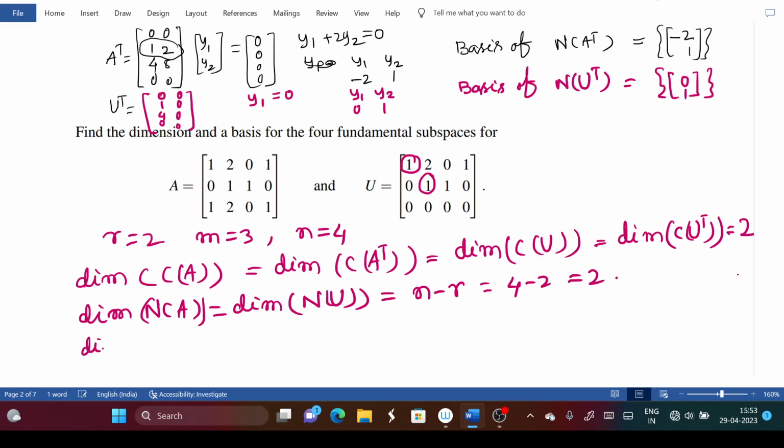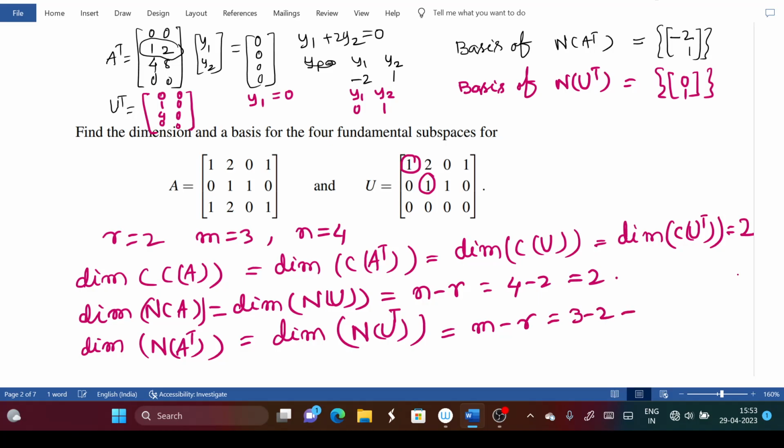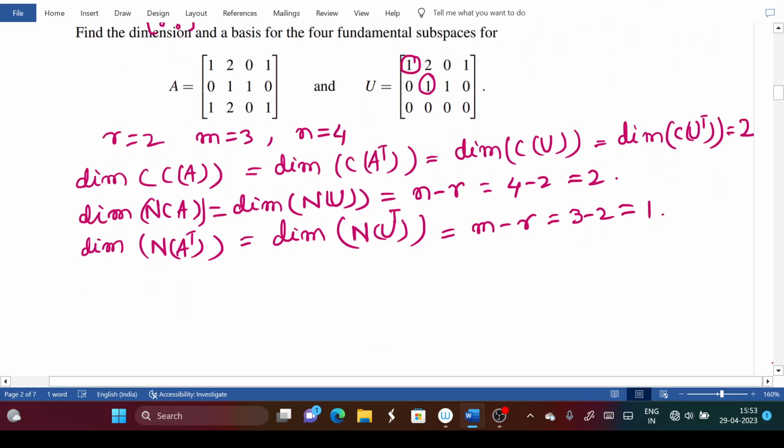Next is dimension of left null space of A, that is equal to dimension of left null space of U, that is equal to m minus r, that is 3 minus 2, that is 1. Regarding dimension it is not having any issue.